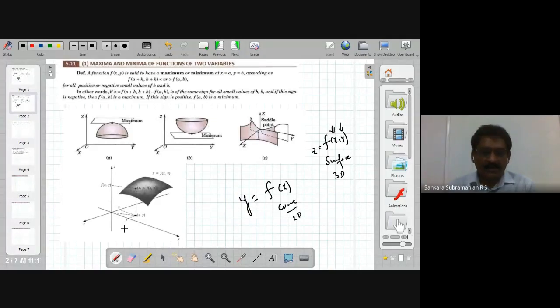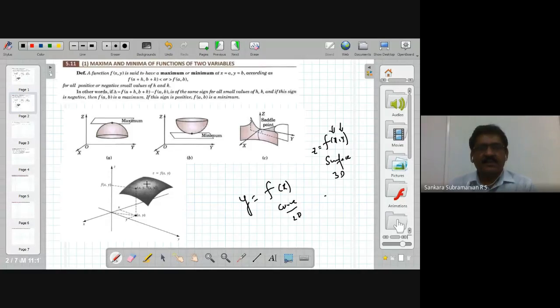For x and y, a point is given to the function f of x comma y, and that value can be taken as the height, or as the z-axis. This will be a three-dimensional point, x comma y comma f of x comma y, which is nothing but z.